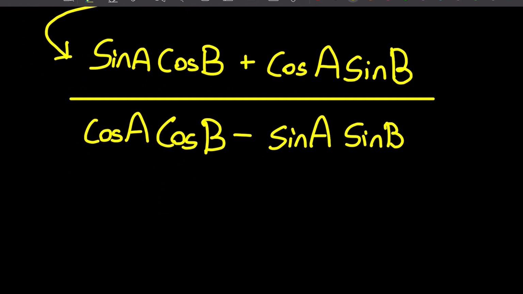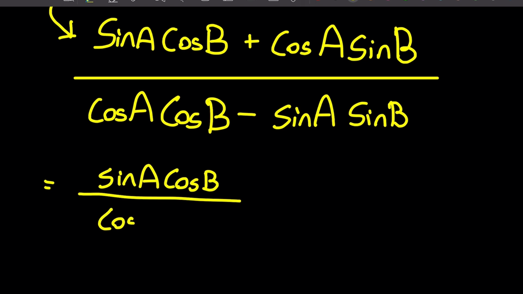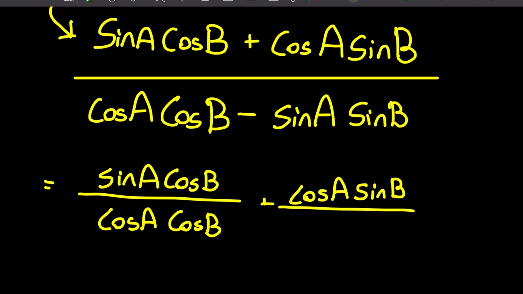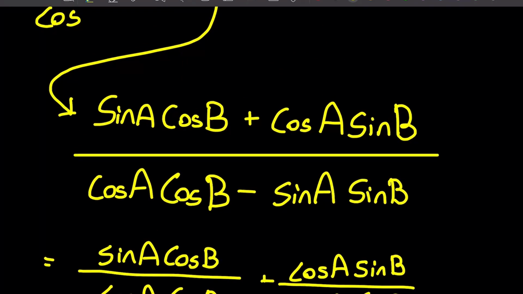So what this will be equal to is sine A cos B, divided by cos A cos B, plus cos A sine B over cos A cos B. So remember, we're just doing this because we want everything to be in terms of tan. It might seem a little unintuitive, so I'll just write it in a bubble here.